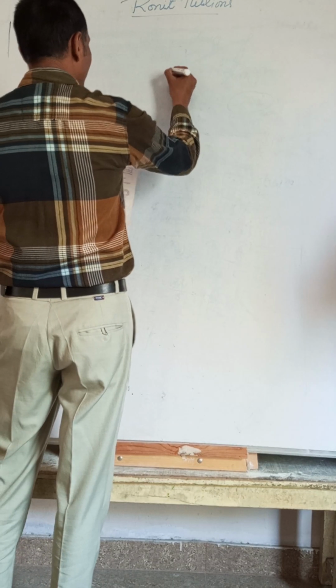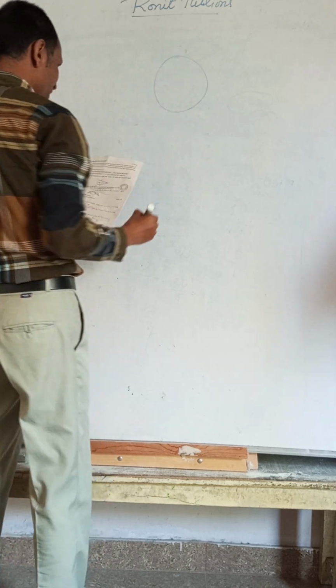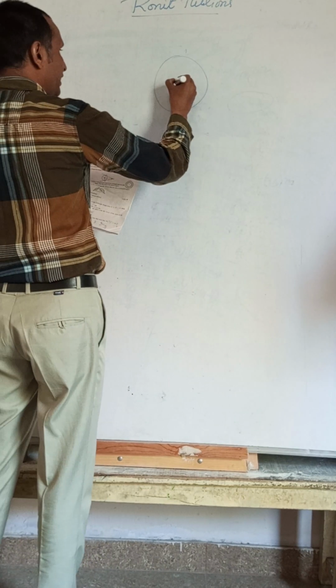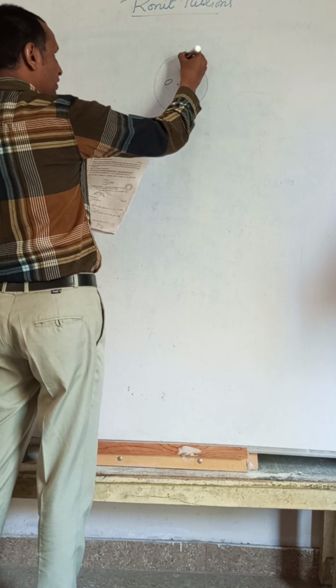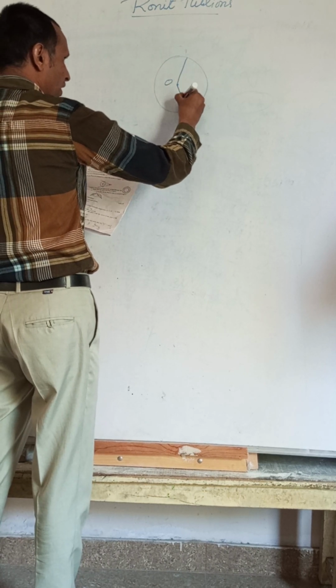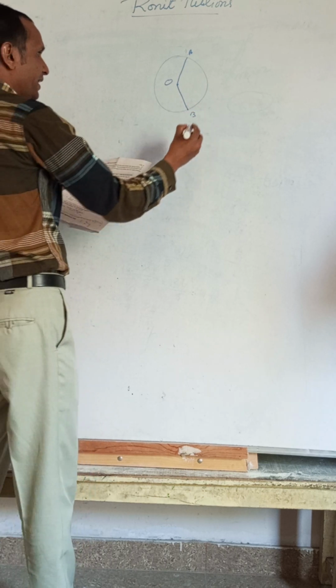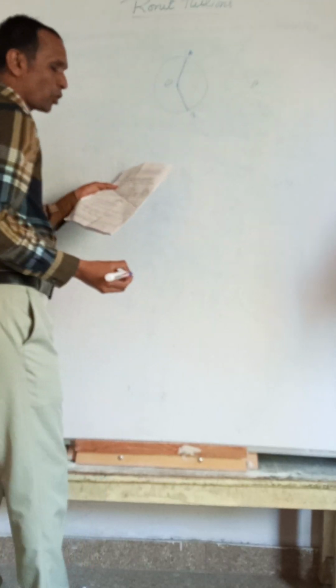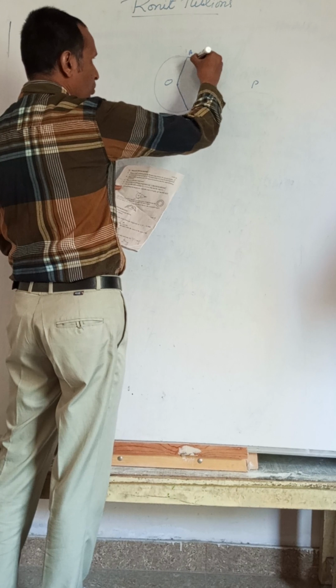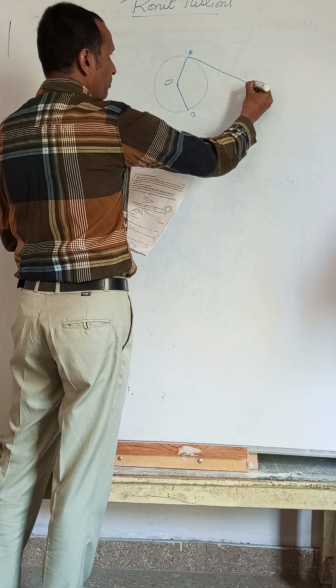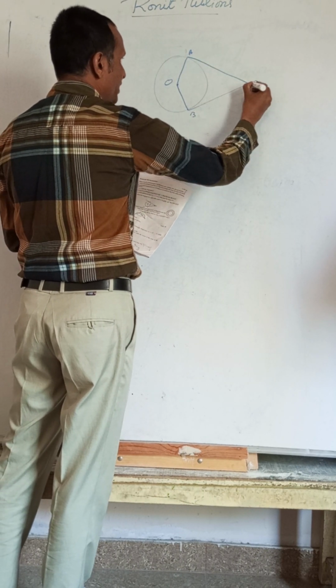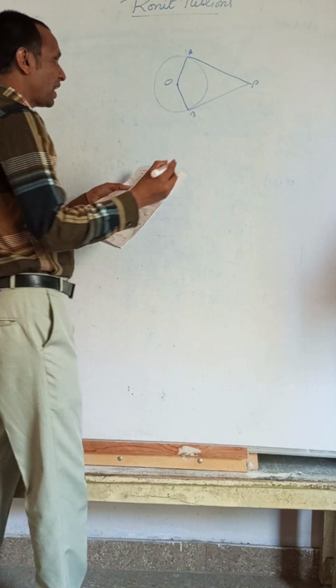There is one circle with center O. In that circle, OA and OB are two radii, and P is an external point from which two tangents PA and PB are drawn.